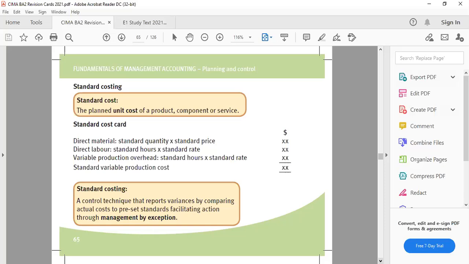So how much should they actually be spending? For all the elements of cost, that is material, labor, and overheads, standard amounts are decided. Standard amounts are pre-decided, calculated, and kept available.